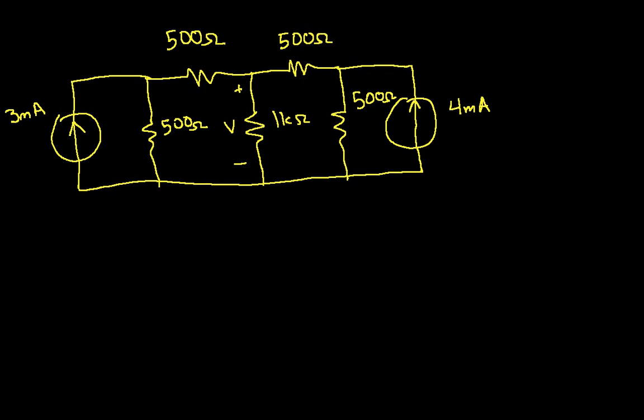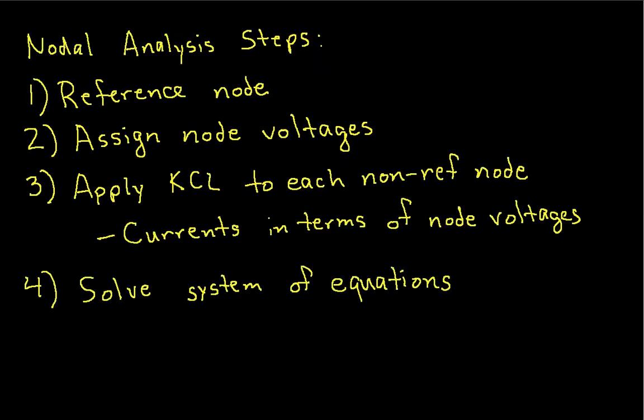I can't really see any resistor combinations that I can make serial or parallel. I could solve it using superposition, but that'll end up being actually more work than nodal analysis. So this is an example of a circuit that is not that hard to solve, but if you don't want to use nodal analysis, it gets pretty tricky.